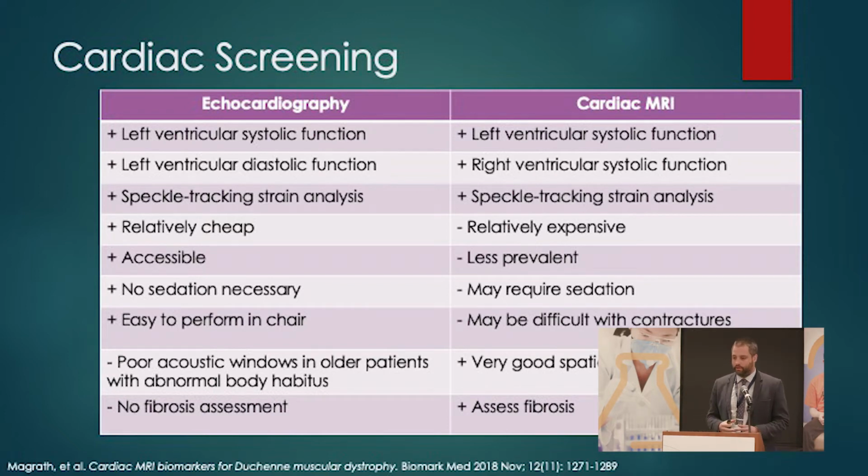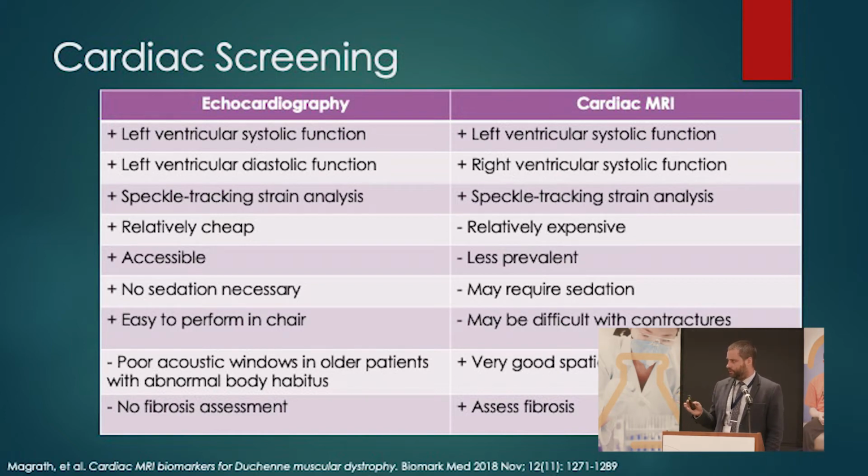And for a long time, the relaxation of the heart wasn't really well recognized as an important factor in heart function. It was the squeeze of the heart, the ejection fraction, how much blood the heart is pumping. But the relaxation of the heart is very important so that you can actually get blood into your heart to eject it. So we look at systolic and diastolic dysfunction. MRI is probably a little bit better at looking at quantitative right ventricular systolic function than echo.